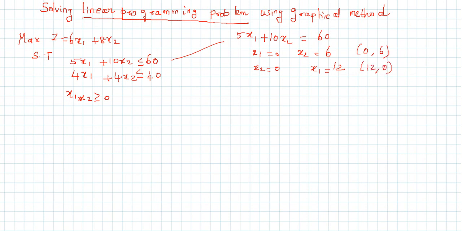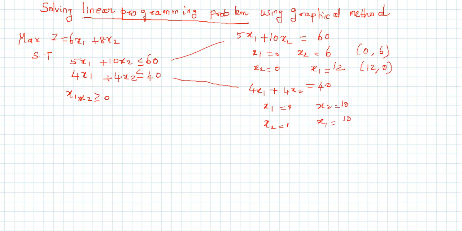Let me take the second constraint, 4x1 plus 4x2 equal to 40. I have converted the less than or equal to constraint into an equal to constraint. Now if you apply x1 equal to 0, you get x2 equal to 40 by 4, which is 10. When you apply x2 equal to 0, you get x1 equal to 40 by 4, which is 10.